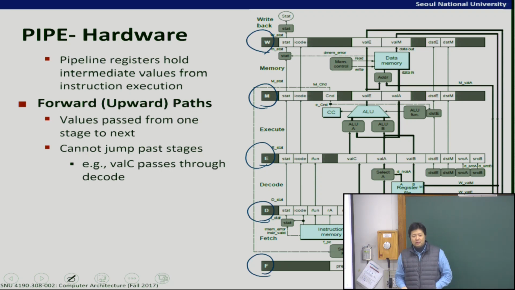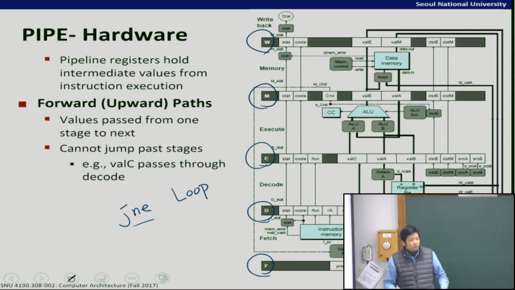So in this case, let's think about a jump instruction, like JNE in a loop. Even though this instruction does not require access to the register file, it doesn't have any source operand or destination register, so it doesn't need the D stage, it still needs to go through these 5 different stages in sequence.